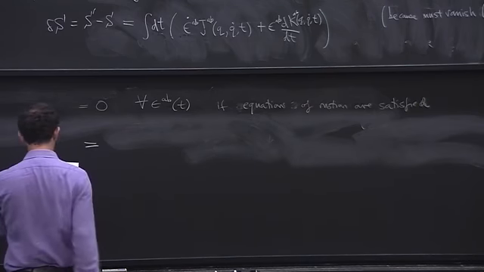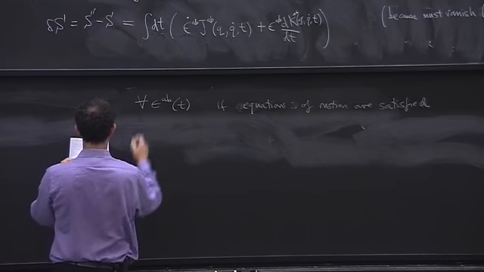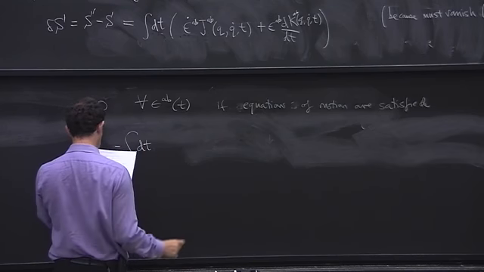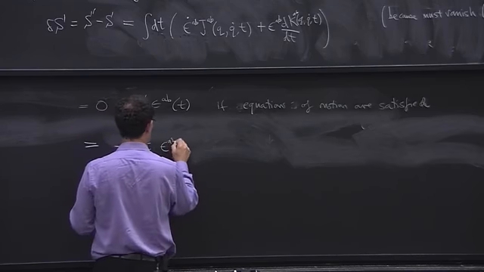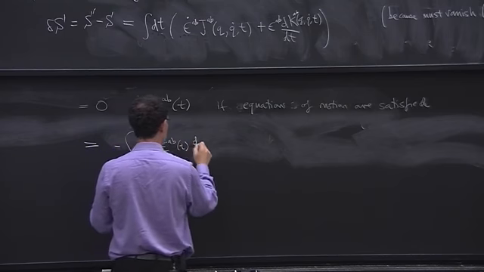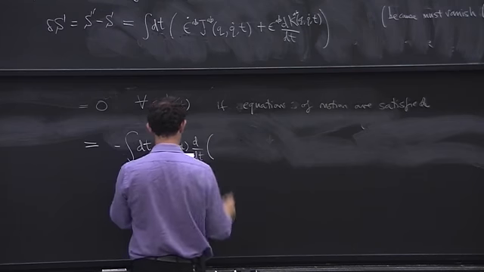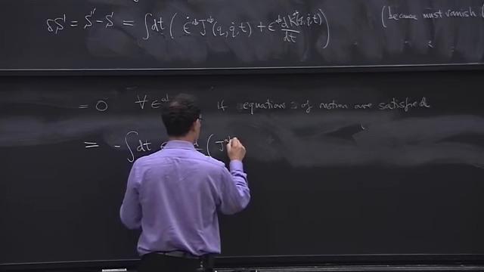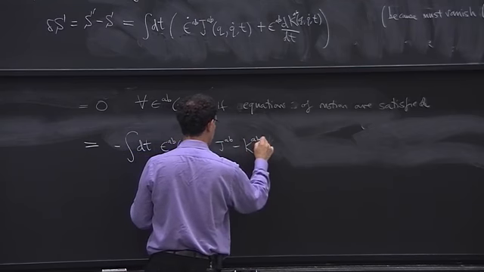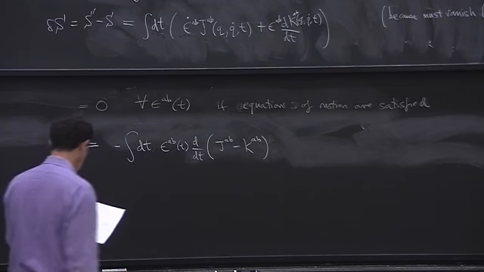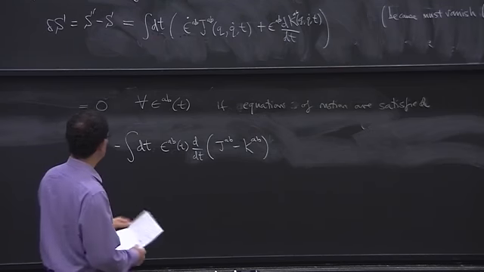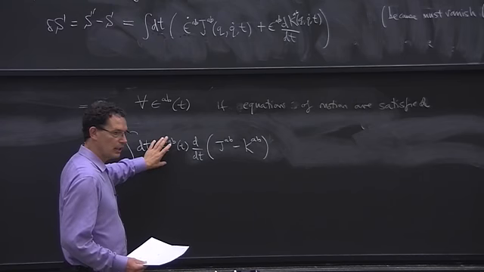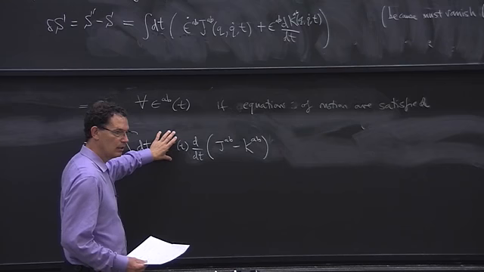And so what we can do is just integrate by parts, and we write this as integral dt of epsilon ab of t d/dt of j ab minus k ab. And that is a quantity which must be 0 for arbitrary epsilon ab of t.